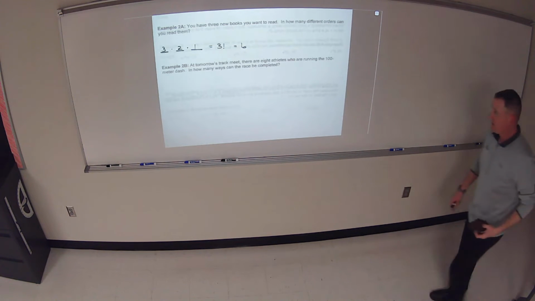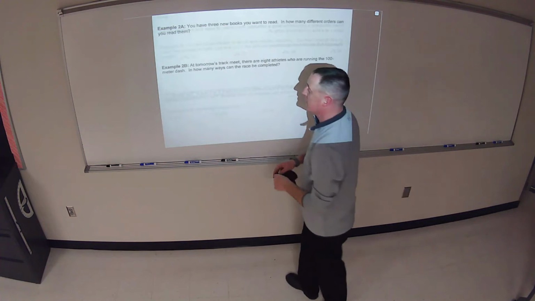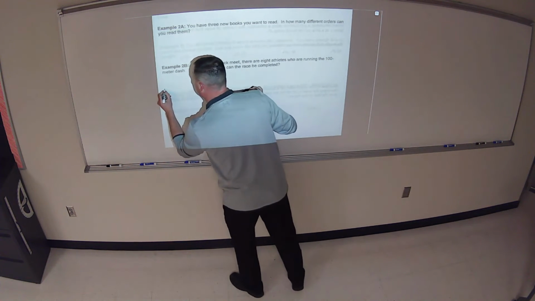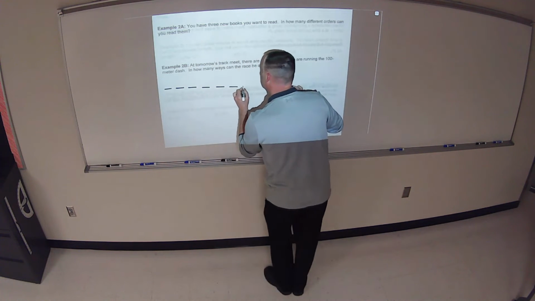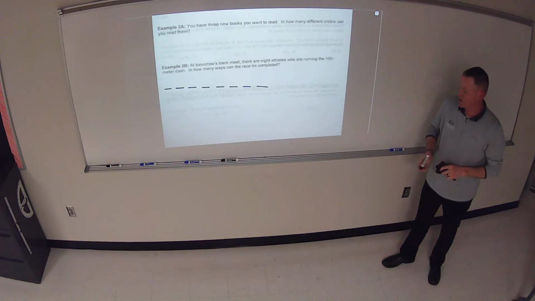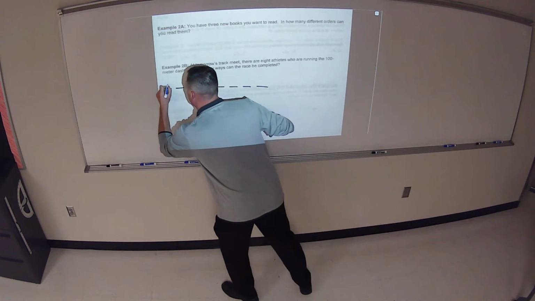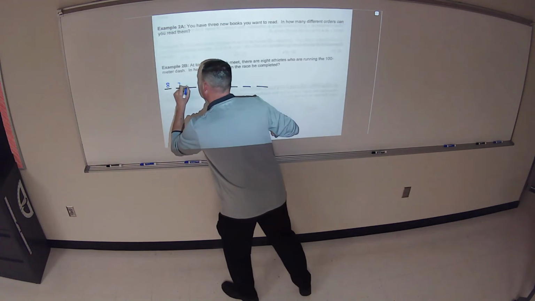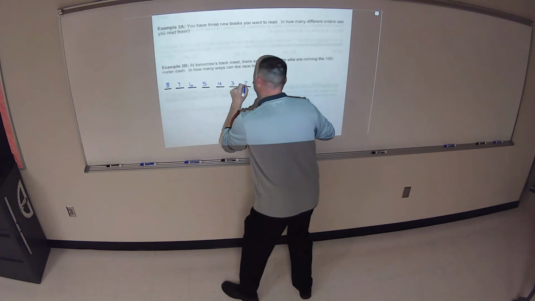So if I want to view this as a multiplication problem, I've got 8 blanks for the 8 people that can finish there. And as you just pointed out, there are 8 choices for the first, 7, 6, 5, 4, 3, 2, and then 1.